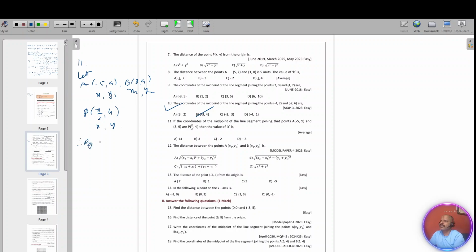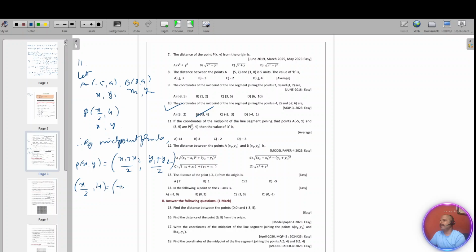Therefore, by the midpoint formula, very important this is, we write the first formula: P of x y is equal to (x1 plus x2) by 2, (y1 plus y2) by 2. Once you write that, P of x y we have the values, that is (x by 2, 4), this is equal to, taking x1 and x2 from AB, (minus 5 plus 8) by 2 and (9 plus 9) by 2.